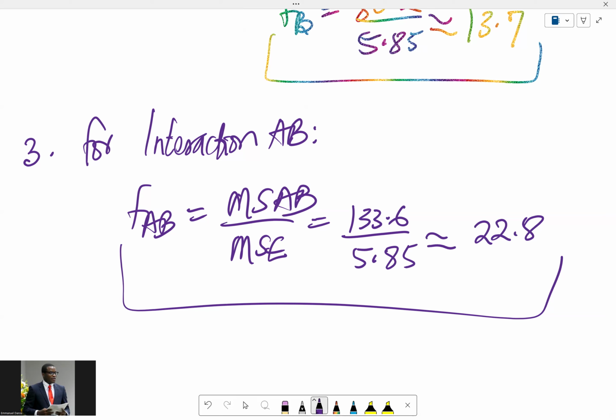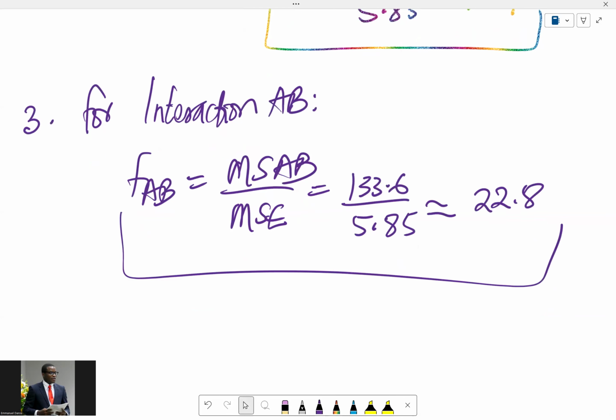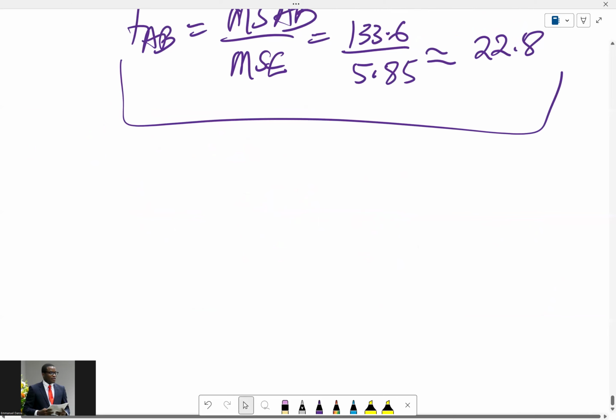Once we calculate the test statistics for ANOVA, the F statistics, we now need the critical value. So let's talk about the F critical values.